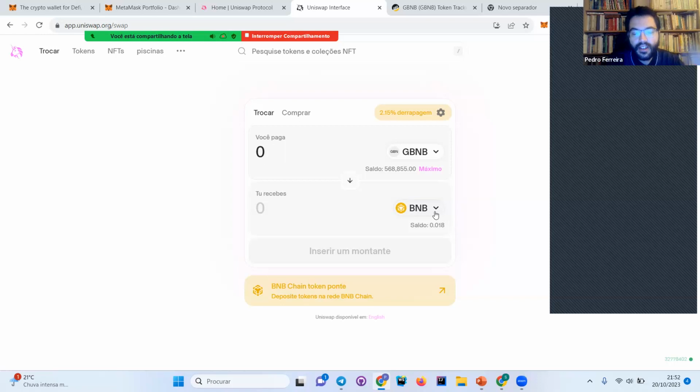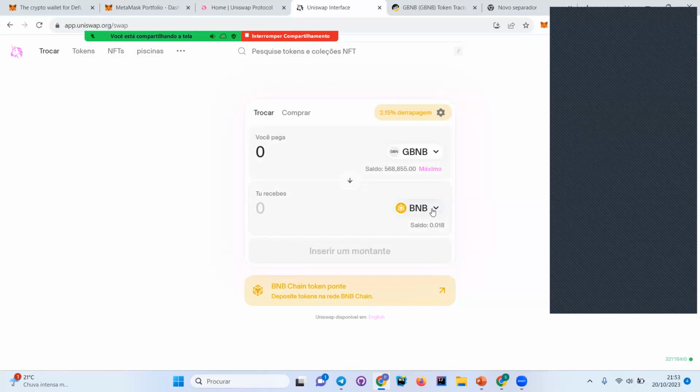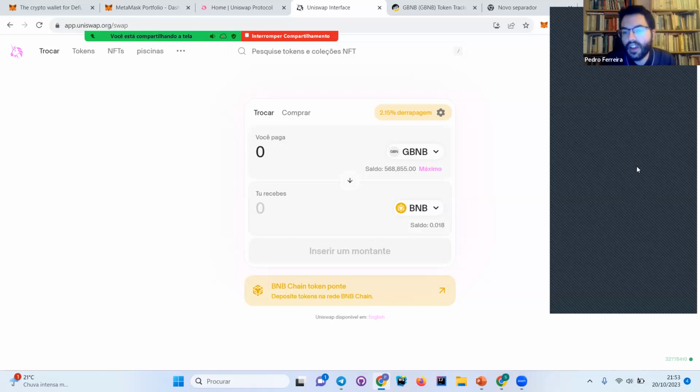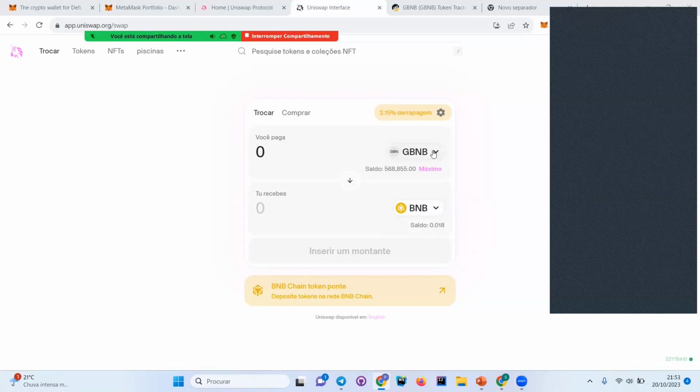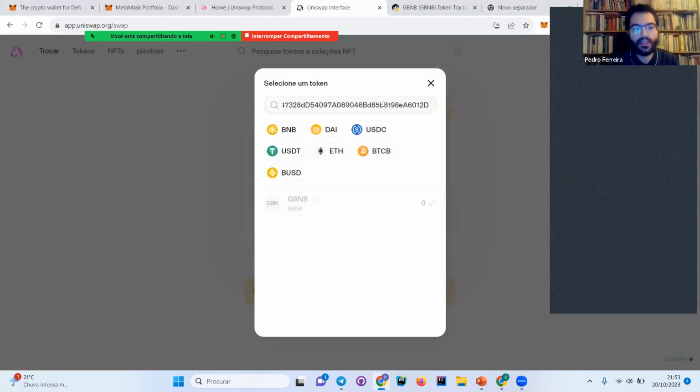And then here it says unknown token. Sorry, it's written that it's unknown token. Did you paste the address correctly? Yeah. It should show up. Maybe you have some space.